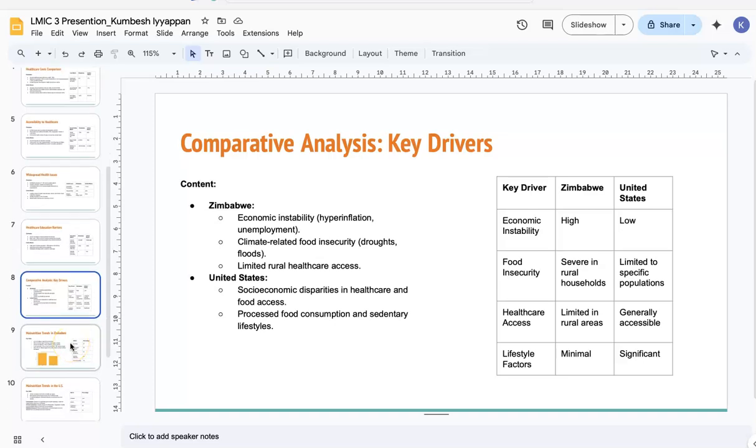On the right side of the table, I mentioned a few key drivers which are significant for Zimbabwe and the US.